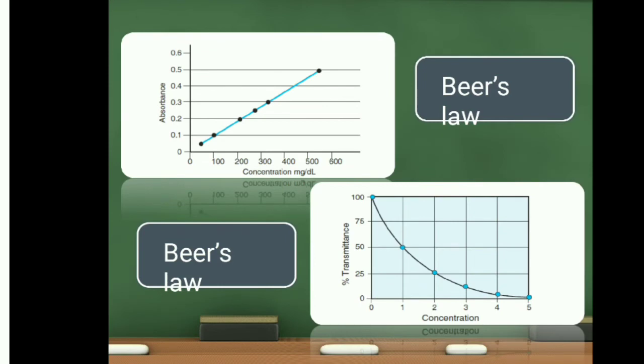So when we plot a graph between absorbance and concentration, a straight line graph is received. While plotting the graph between the concentration and the transmission, a curved graph is received.